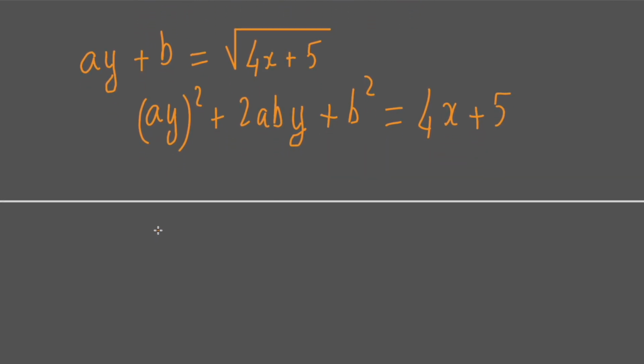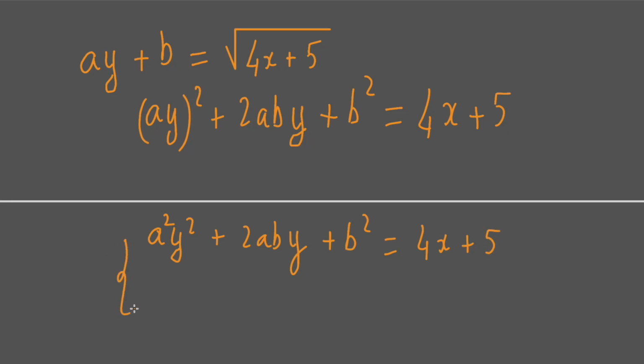And combining this with the equation at the beginning, we will have a system of equations like this: 2x squared minus 6x minus 1 equal to ay plus b.